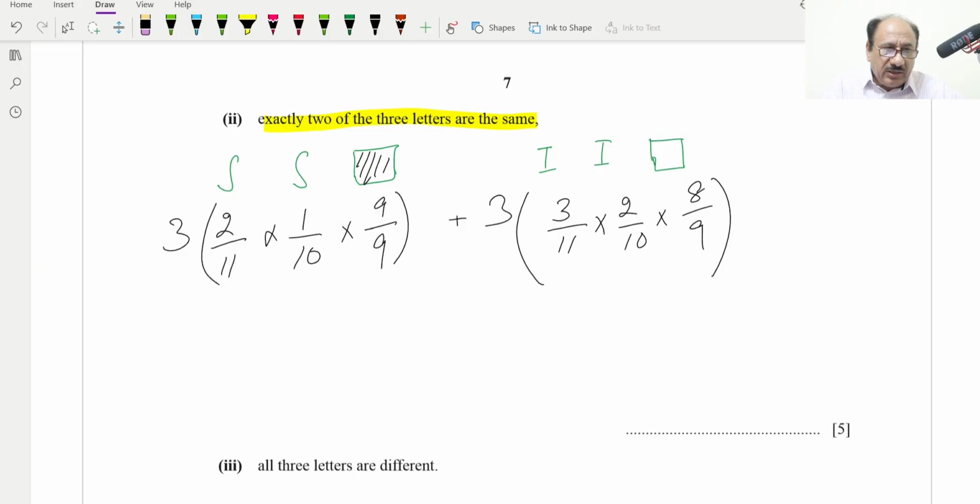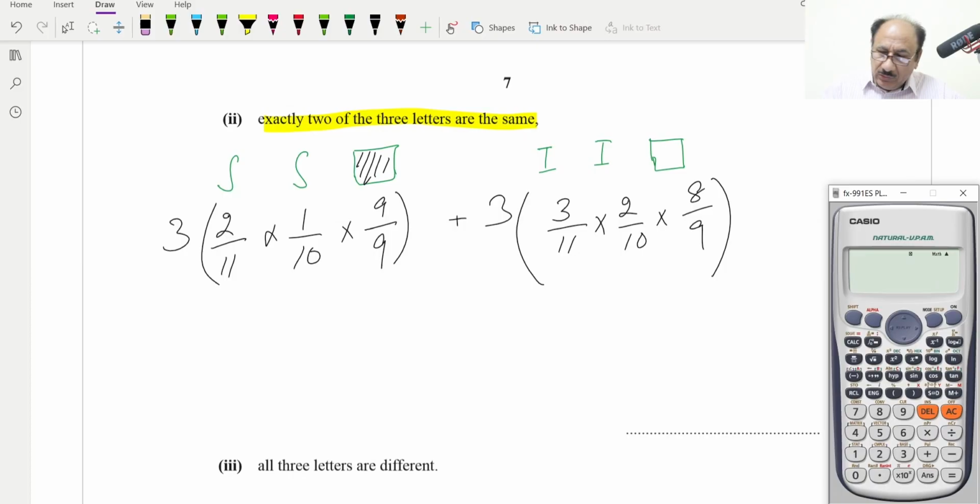Now we can calculate this. So this will be 3, and this will be multiplied by 2 over 11 into 1 over 10, and multiplied by 9 over 9, which is one, but I'm writing 9 over 9 for your understanding.